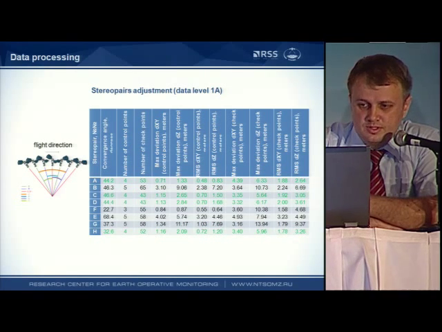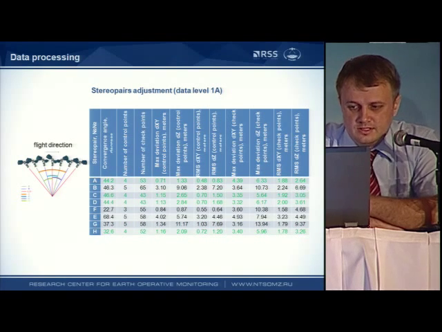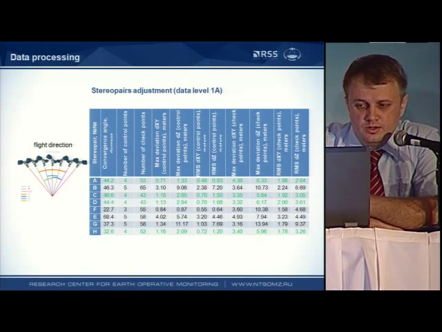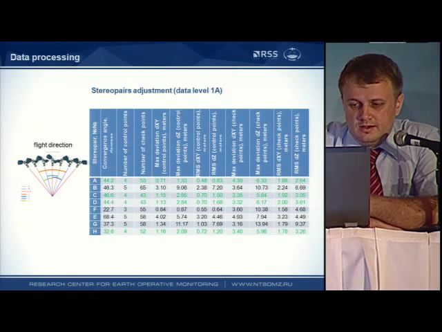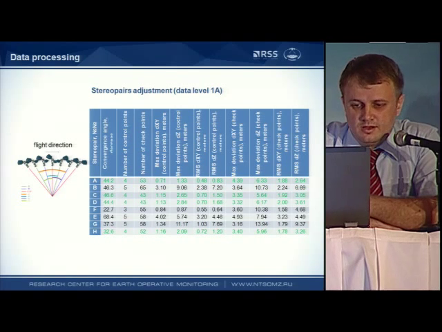The best stereo pair shows a maximum error value of no more than 1.5 meters and for height no more than a 3-meter error. Here, in fact, it would be more interesting to speak about other stereo pairs which are not highlighted by green. These are the stereo pairs where the results of orientation prove to be a bit worse.